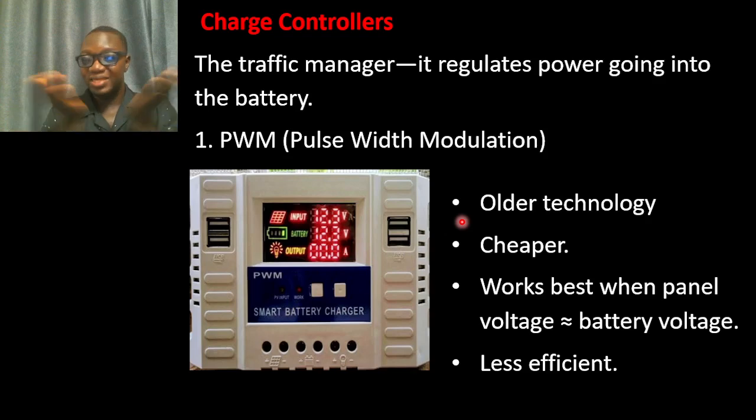That is where you get better efficiency in this PWM charge controller. If, for instance, your battery system is 12 volts and your panel is producing 48 volts, and your charge controller needs just 12 volts, much of it will be burning like heat.